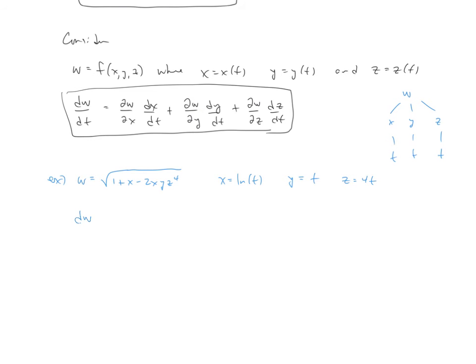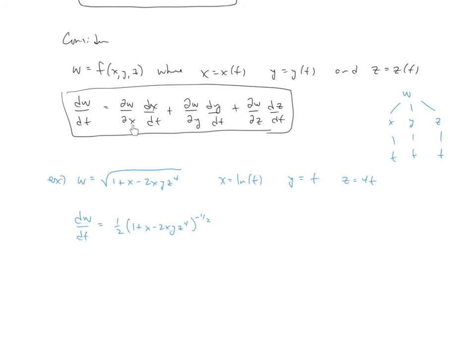So dw/dt. The first part is going to be the partial of w with respect to x. Now remember, with respect to x, that means y's and z's are constants. So to get things started there, I'm going to have the 1/2, keep the inside the same, subtract 1 from the exponent, times the derivative of the inside with respect to x.